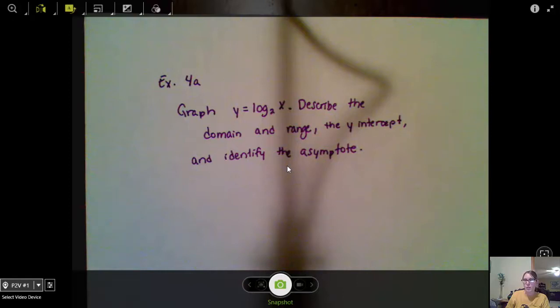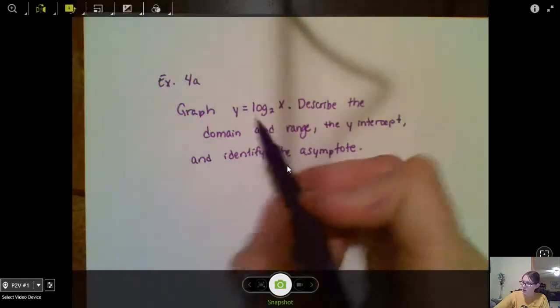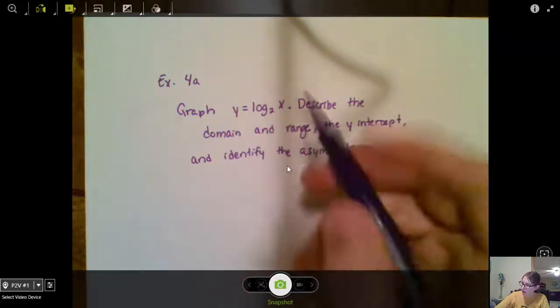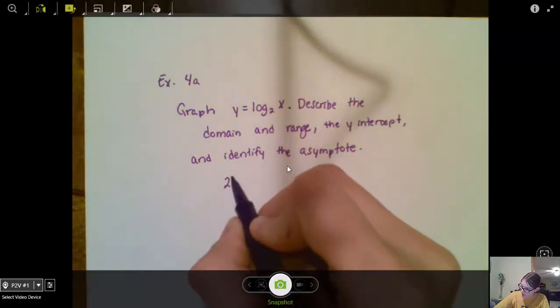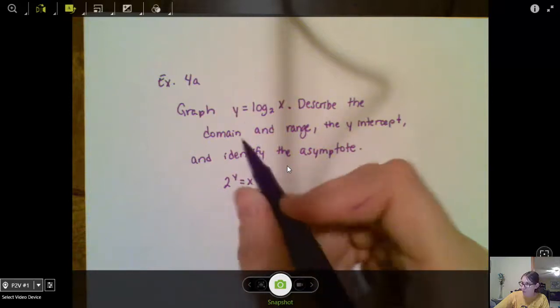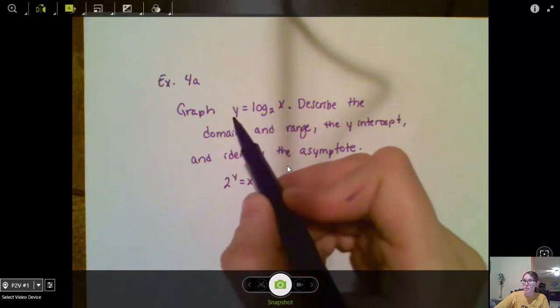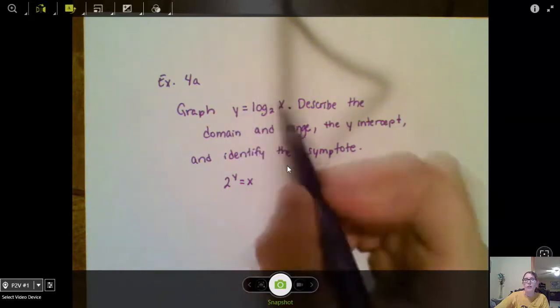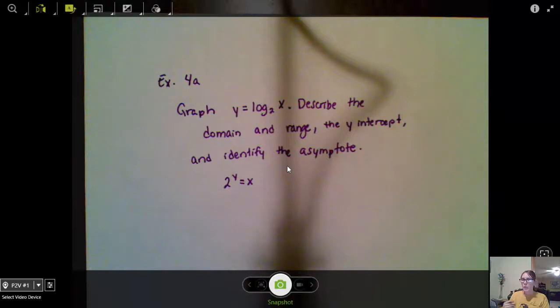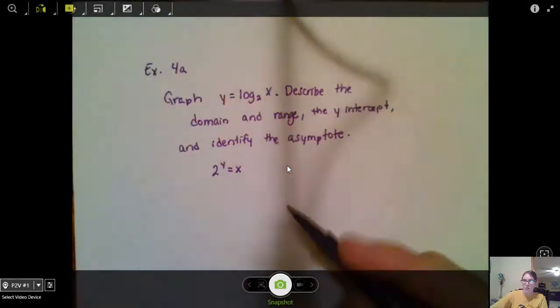Well, in order to graph a log function, it's easier to think about what this means. This really means 2 to the y power equals x. Remember, the base for your log is the base for your exponent. 2, jump across the equal sign to the y power equals x. Well, normally, when we graph something, if we wanted to make a table of values, we pick the x values.